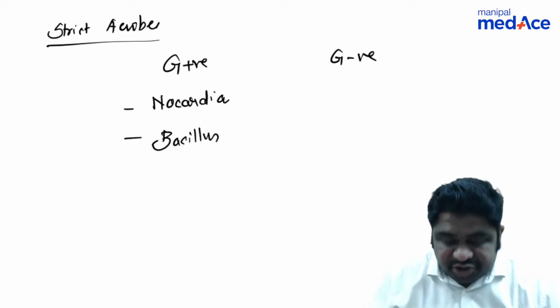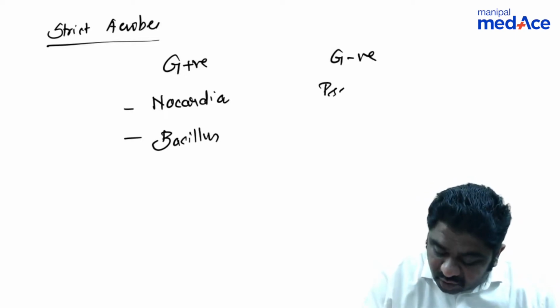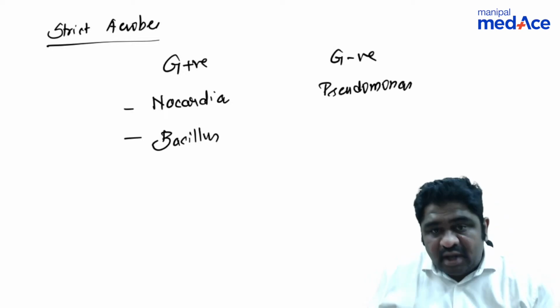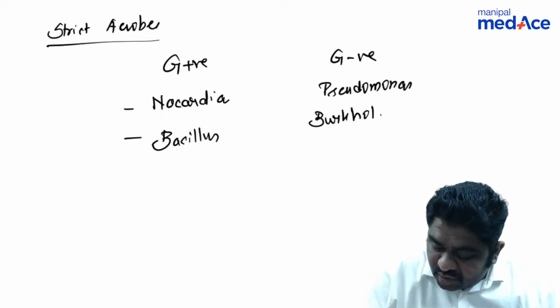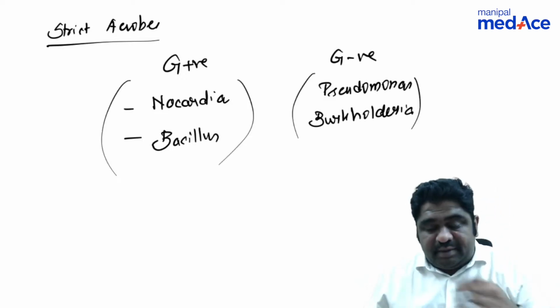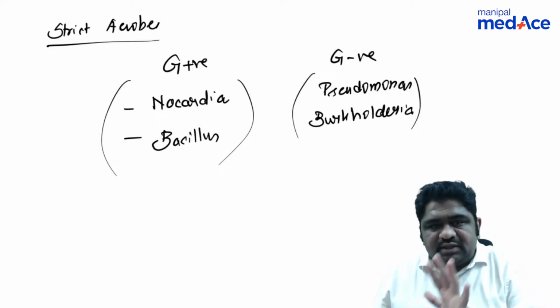Bacillus anthracis is a strict aerobe. This is also a gram-positive organism. Among gram-negative organisms, Pseudomonas is a gram-negative strict aerobe. The cousin of Pseudomonas is Burkholderia. That is also a strict gram-negative, an aerobic strict organism. Here, these are simple examples.